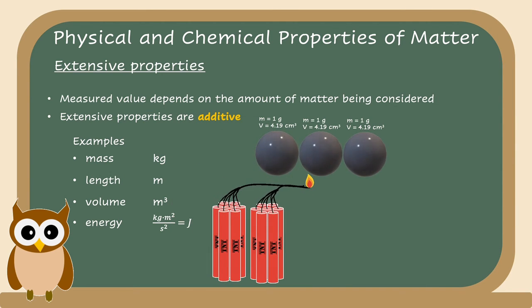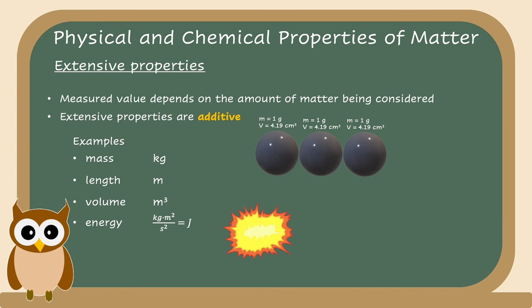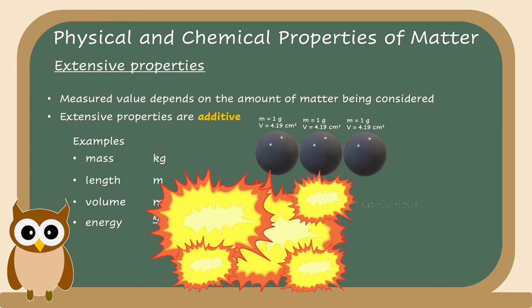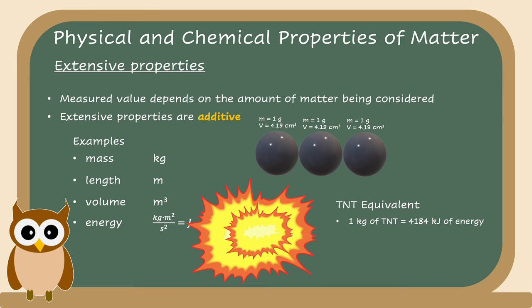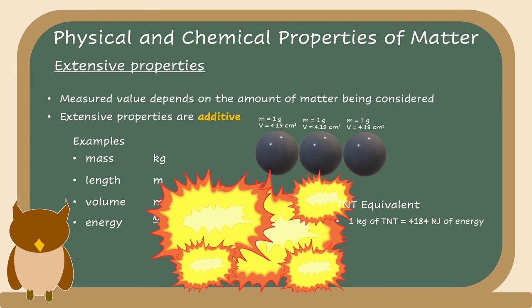Right, here we have some dynamite packed full of explosive energy. Using the TNT equivalent scale, I can tell you that 1 kilogram of TNT contains about 4,184 kilojoules of energy.